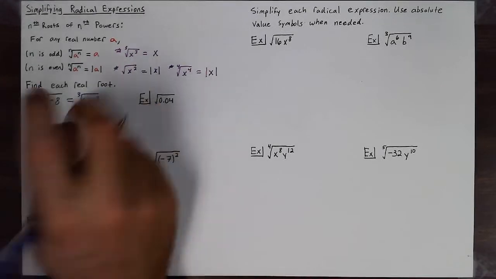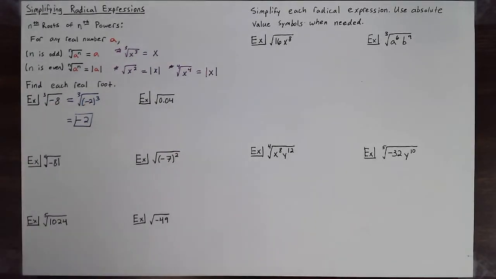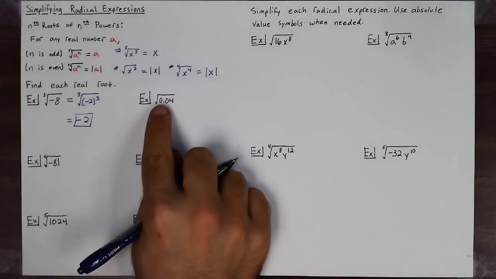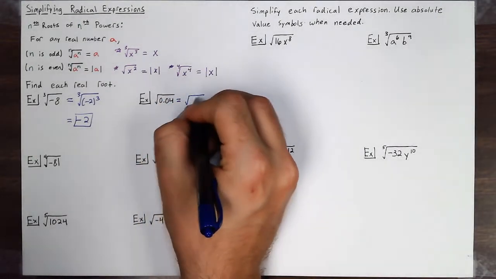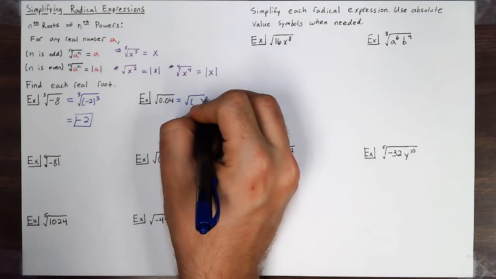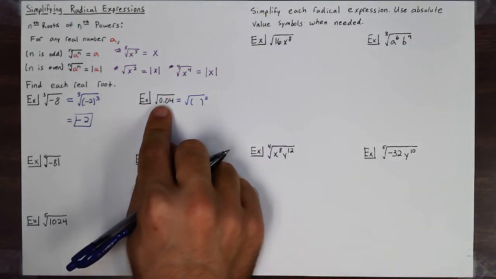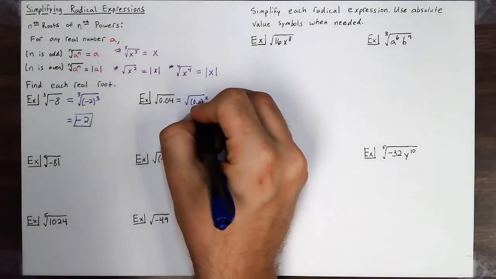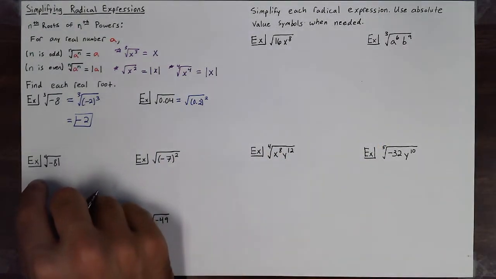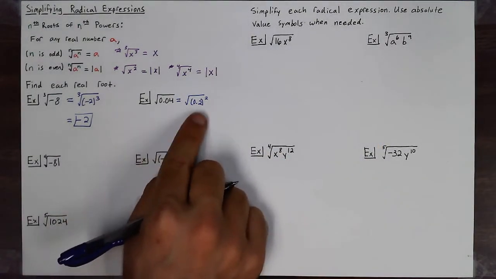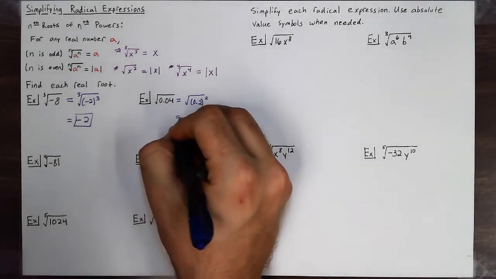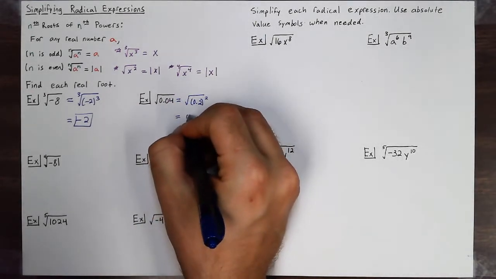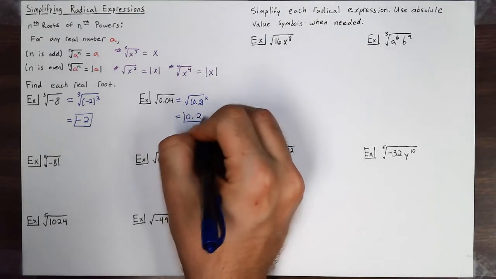So the cube root of negative 8 is negative 2. Now, what is the square root of 0.04? Well, I'm imagining what number squared is 0.04. 0.2 squared is 0.04. So the square root of 0.04 would be 0.2.